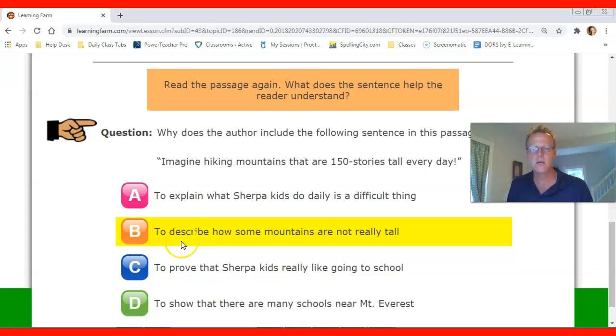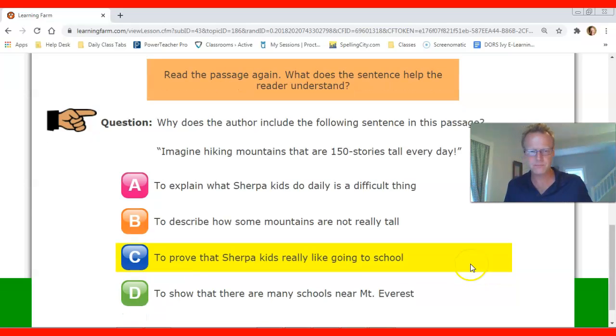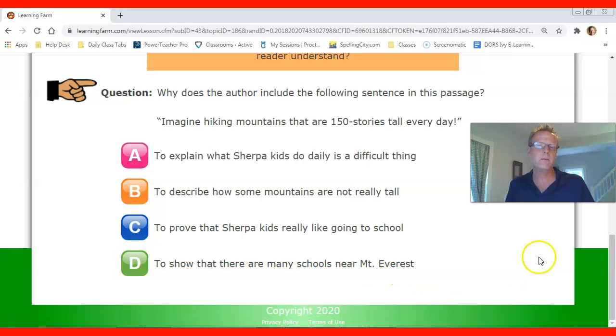B. To describe how some mountains are not really tall. Is that the main reason? C. To prove that Sherpa kids really like going to school. Is the main point about these kids not liking school? D. To show that there are many schools near Mount Everest.